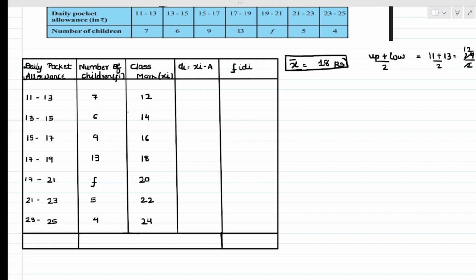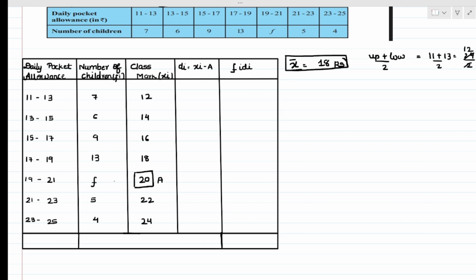In the previous method, we learned that you have to select your A from the middle portion. But when you are given a missing frequency, you should keep one thing in mind: the Xi opposite to the missing frequency F will become my A. This is compulsory for the missing frequency situation.